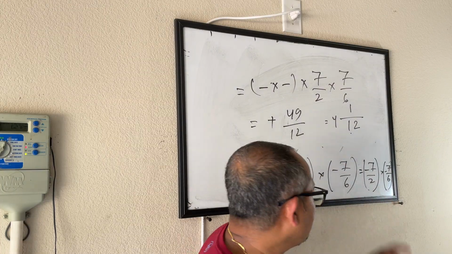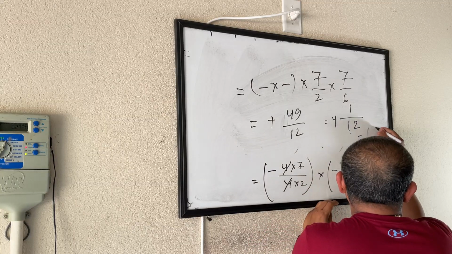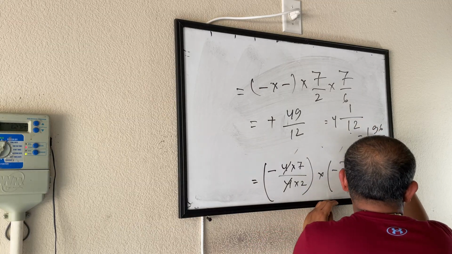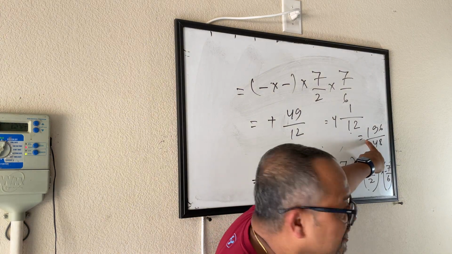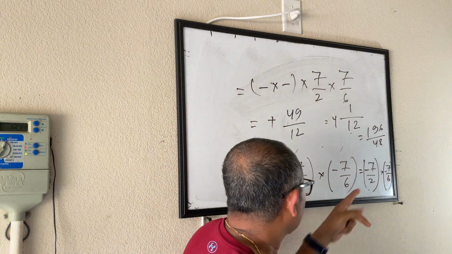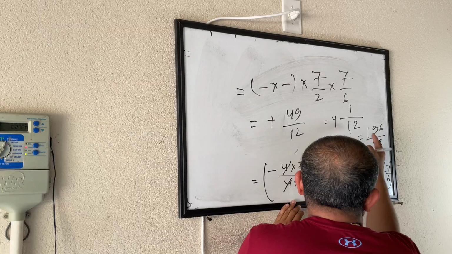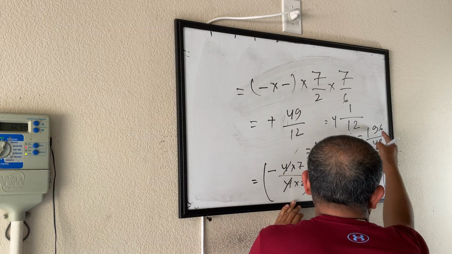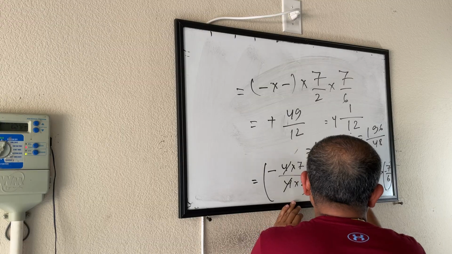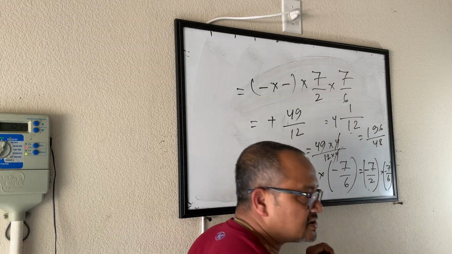Now some of you got 196 by 48, right? That is also the right answer, okay? Just that you did not simplify it. This is 49 4s are 196, okay? And this is 12 4s are 48. How did we get the same answer?